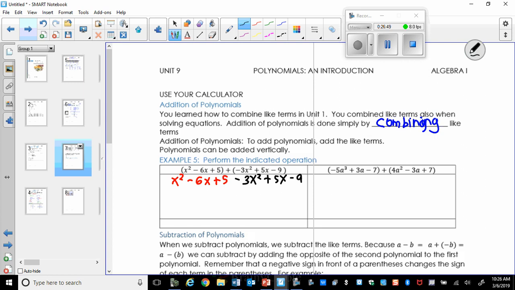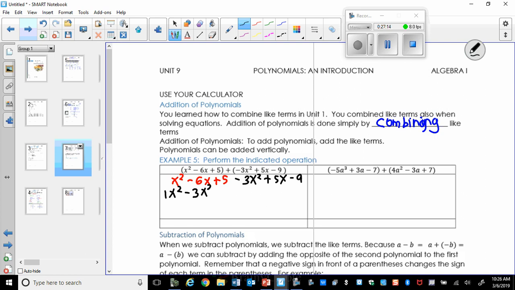The second step, we're going to group the like terms. What is your first set of like terms, do you think? X squared and? Let's group them. 1x squared minus 3x squared.